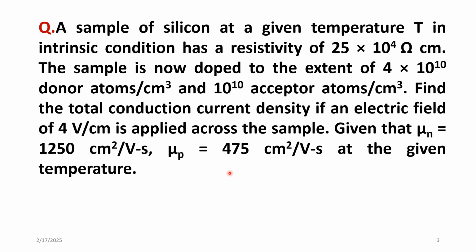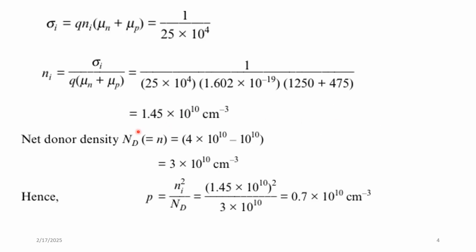So based on the formulas which we have referred till now, we are going to apply them to the given data. So now considering this data, first I am calculating the conductivity. Current density J is equal to conductivity sigma into your electric field E. So now sigma i you are going to find out using the formula, which is q into ni into mu n plus mu p.